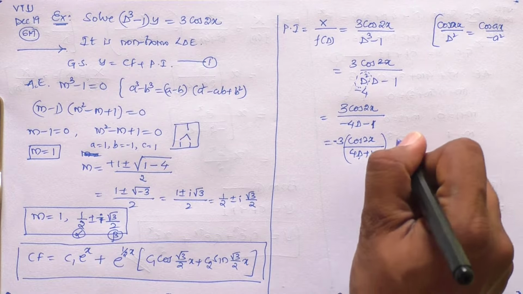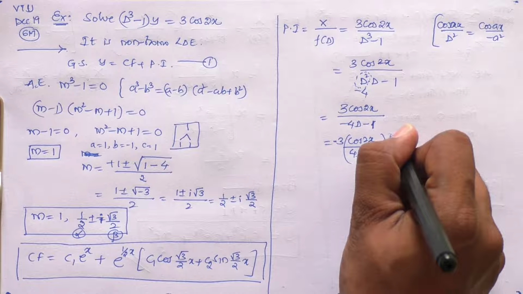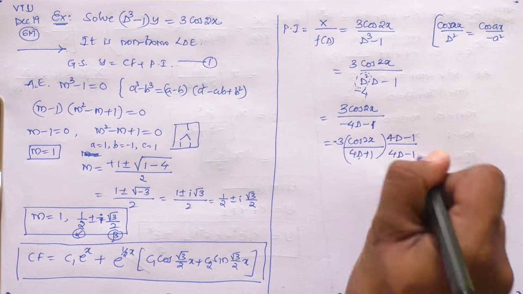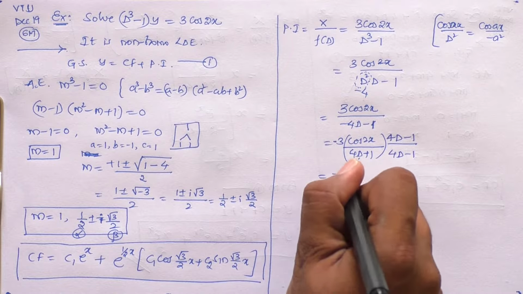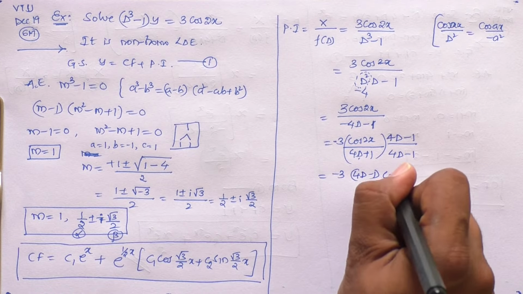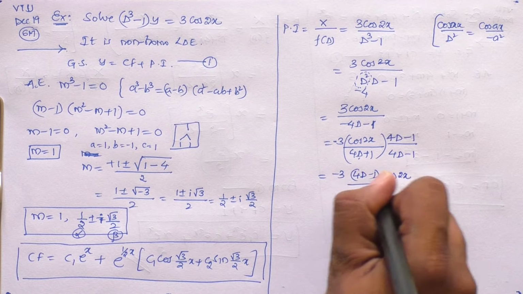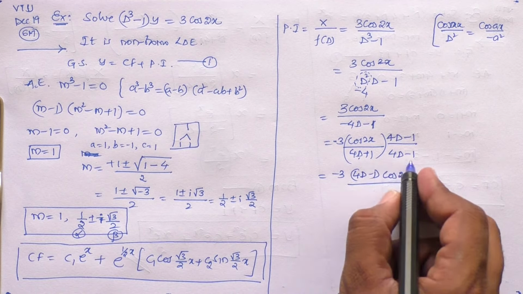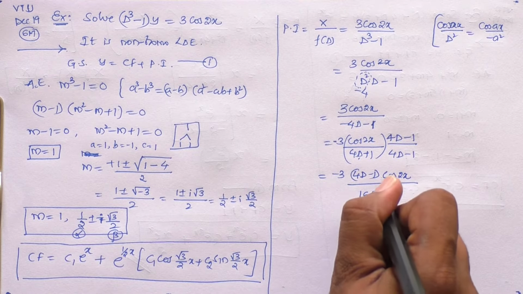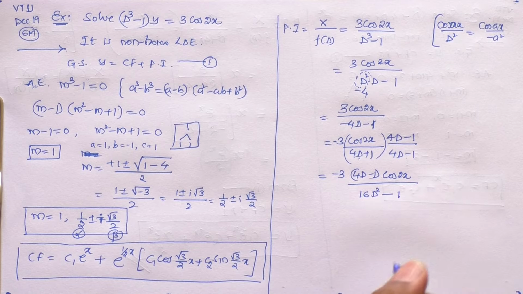So 4d plus 1 can be multiplied, numerator and denominator, by 4d minus 1 divided by 4d minus 1. So now it can be written as minus 3 into (4d minus 1) cos 2x divided by (4d plus 1)(4d minus 1), a plus b into a minus b is a square minus b square. So 16d square minus 1 square, which is 1.